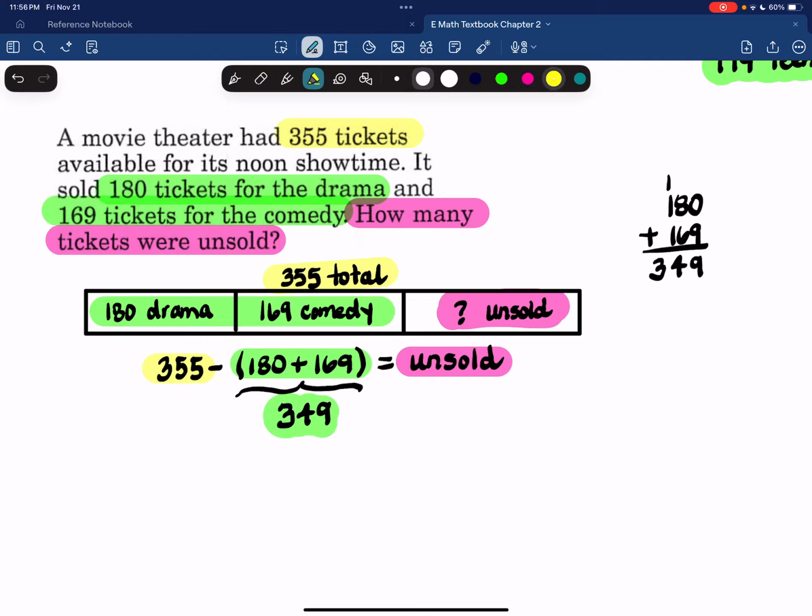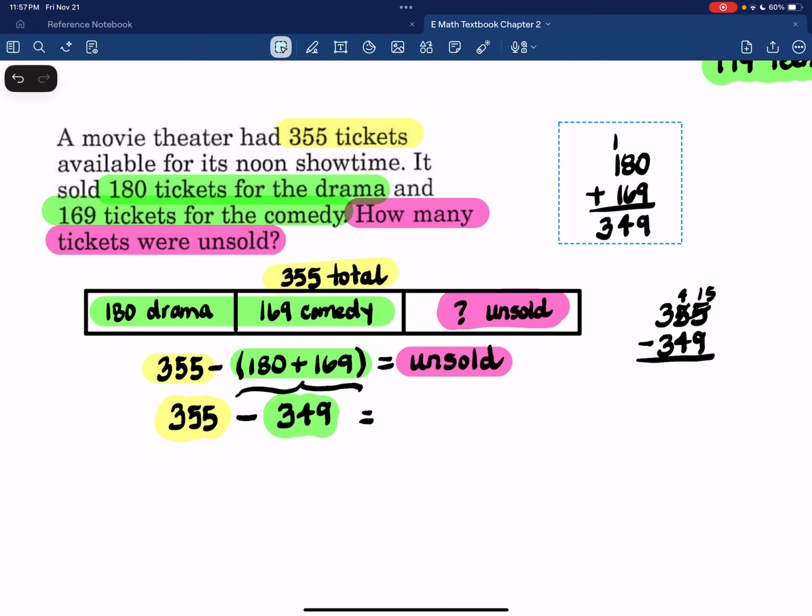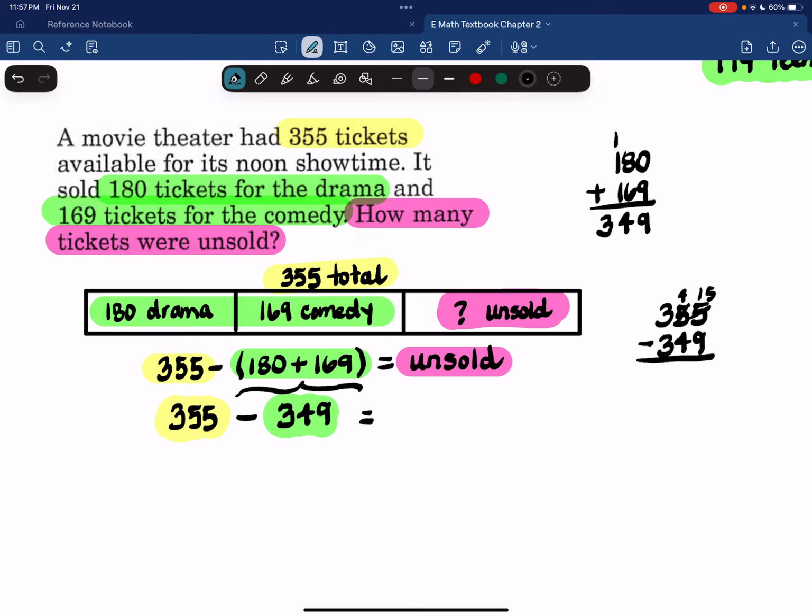And then we're going to take the total that we were given and we're going to subtract to find the unsold. So 355 minus 349. Have to borrow here, so that would be a 4 and a 15. And I'll tell you what, let me raise that just a little bit so we don't get it mixed up. 15 take away 9 is 6. 4 take away 4 is 0.